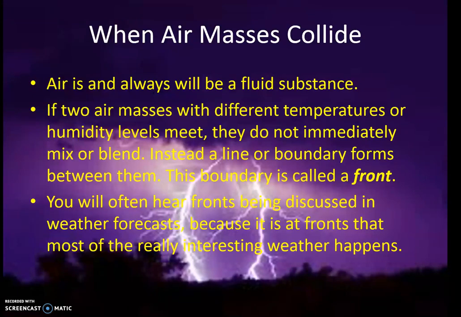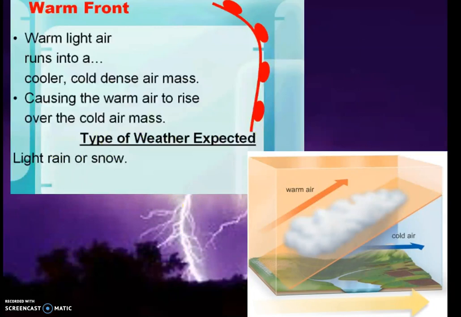If two masses with different temperatures or humidity levels meet, they do not immediately mix or blend. Instead, a line or boundary forms between them. This boundary is called a front. You will often hear fronts being discussed in weather forecasts because it is at a front that most of the really interesting weather happens.